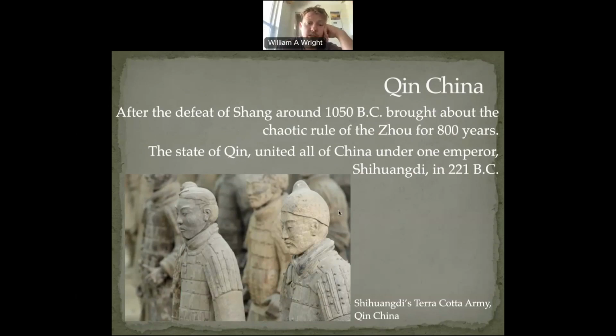And the state of Qin, it's spelled Qin, but it's actually the root of the name China, the word anyway. The state of Qin united all of China, at least up until that time, under one emperor known as Shi Huangdi. He unites it under the Qin dynasty in 221 BC.